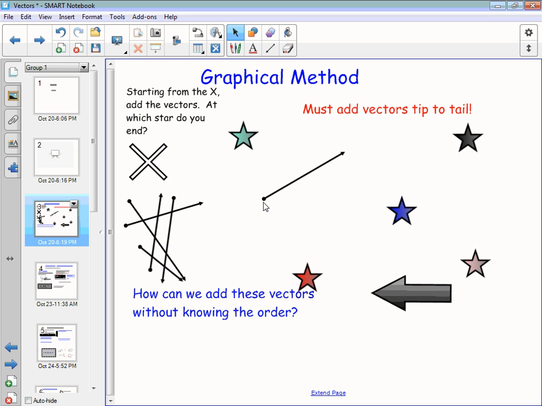Let's discuss that again. So this is the tip, and this is the tail, and here is the middle. Okay, good. So when we add tip to tail, what we need to do is move these around.